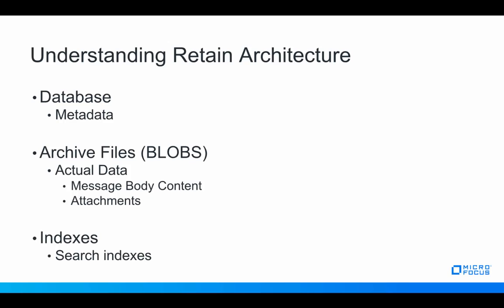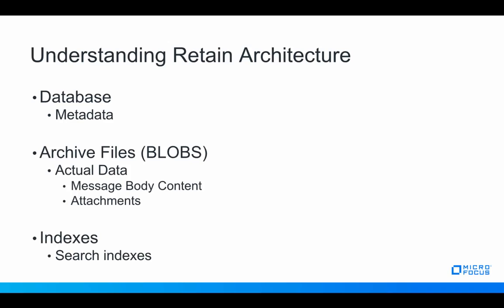But the role that the database plays is it's just kind of a pointer to a bunch of stuff. There's not a whole lot of data inside of the database, but it's a bunch of pointers to where the data is, and the data is sitting inside of blob files.